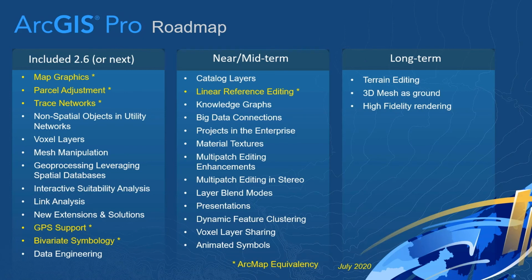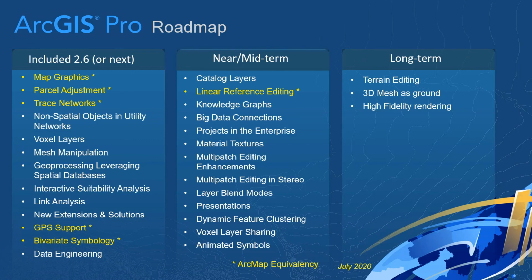And finally, in the near term, there's animated symbols. These are symbols that dynamically change to show direction of movement, change in intensity, or fluctuations in the value to support scientific temporal data visualizations.